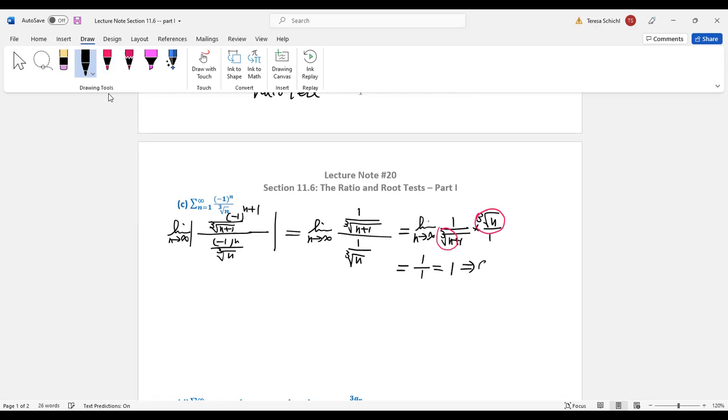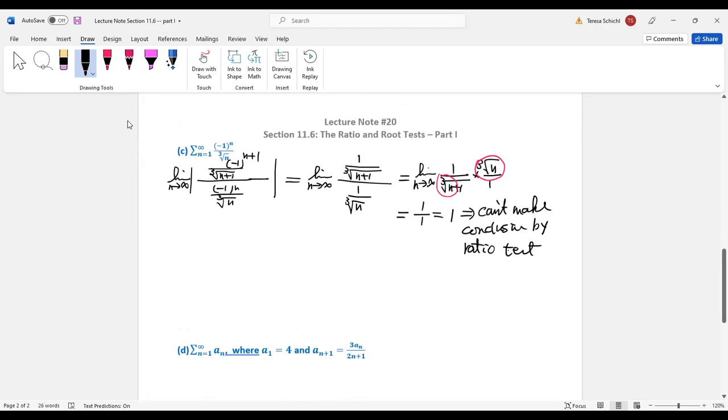So I cannot make a conclusion by the ratio test. I need to find a different way to decide if this converges or diverges.